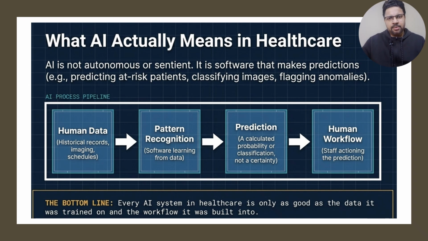The system then performs pattern recognition, learning patterns from the data. Based on those patterns, it produces a prediction, which is essentially a probability, not a certainty. And finally, the most important step: humans act on that prediction within a workflow. The real value of AI comes not just from the model, but from how it fits into the clinical or operational workflow.